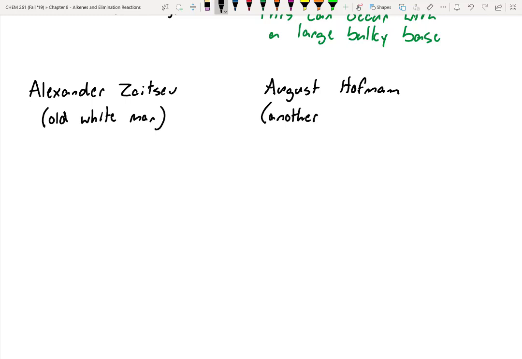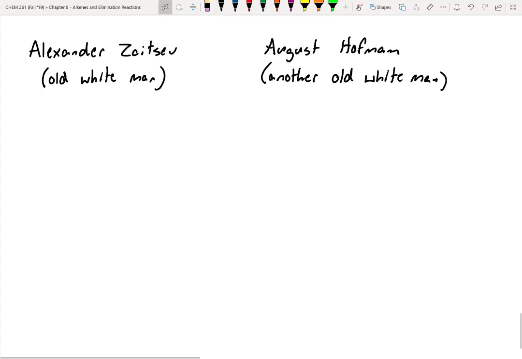Oh, I'll copy him over later. But for right now, we'll just say another old white man. So these were the two chemists that were exploring this phenomenon, where they noticed that it depended on the size of the base you were using during an E2 reaction, that you could get different products.